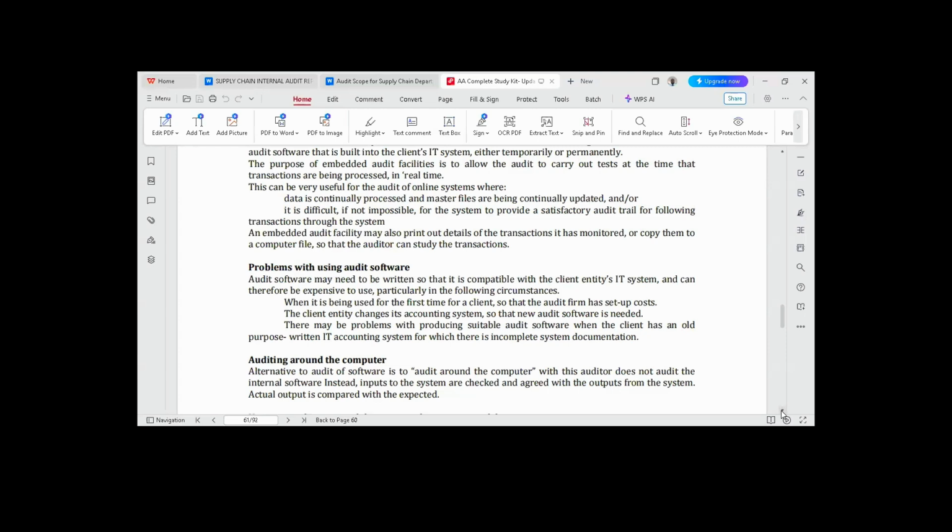What you do is first pull out the inventory balance report manually from the system. The next thing is to write syntax, a computer program, asking the same accounting system to generate or extract the inventory balance as at a particular period.